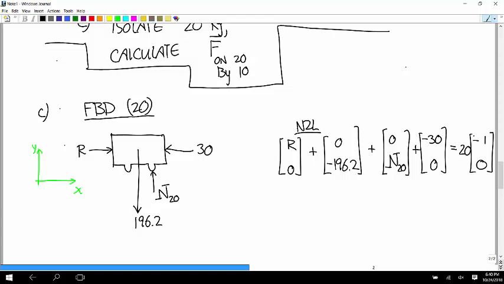And what we're trying to calculate is, notice that this vector here is the force on the 20 by the 10. It's just not complete yet because we don't know what that value R is. So when we calculate R, we can plug it back into this vector, and then we have the full vector. Sure. This one's the weight.